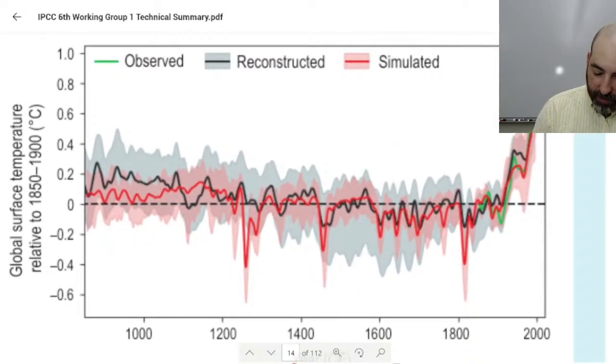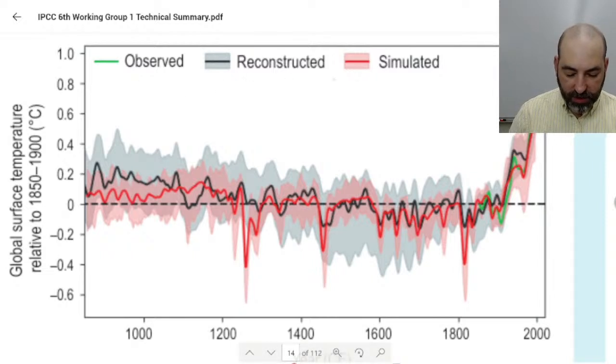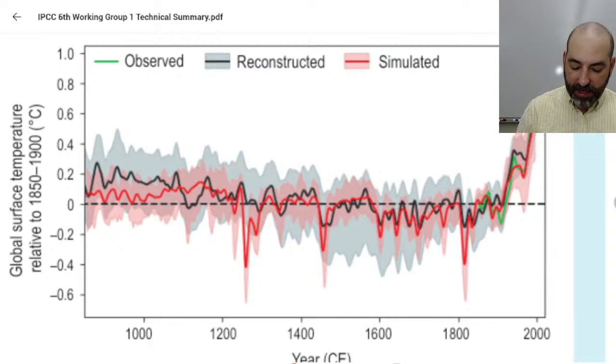Right, so you may have seen something like this before, where we have global surface temperatures relative to the years 1850 to 1900. So 1850 to 1900 would be right at 0 here. See my cursor? And you can see how it's just absolutely gone up. The comparison here between observed, reconstructed, and simulated gives us a sense of how good our data are.